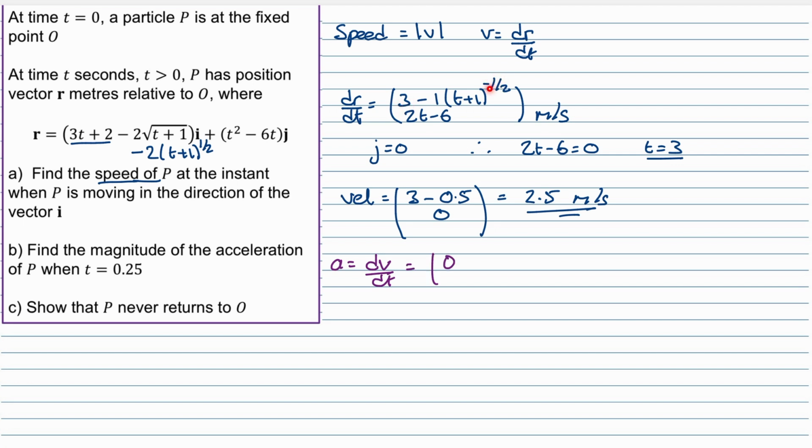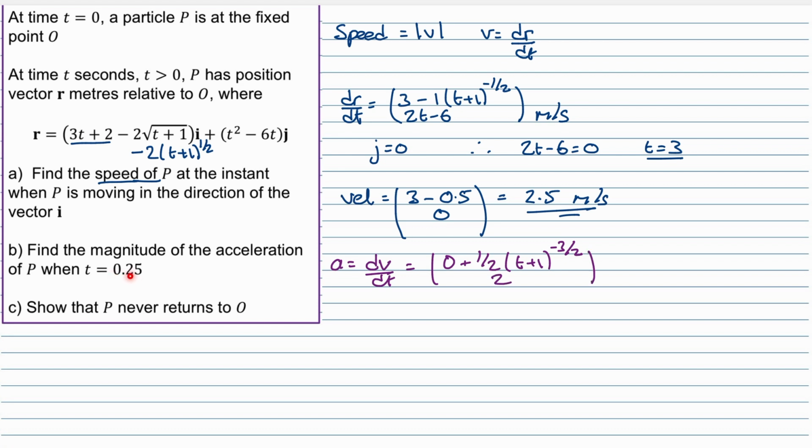When we bring this negative 1/2 down here, we'll get positive 1/2 of (t plus 1), and then we'll take away 1 from this power, minus 3 over 2. And again, the derivative of this inner term is just 1. And when you differentiate the j component, we'll just get 2.